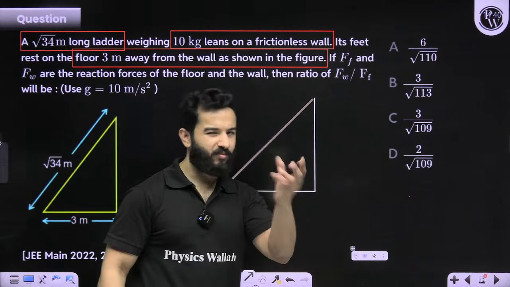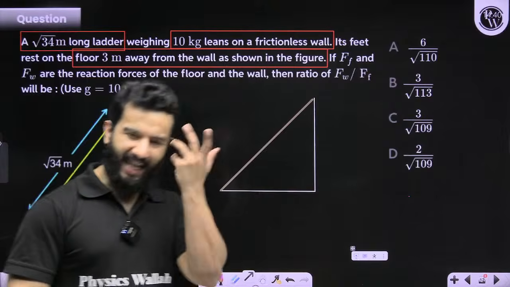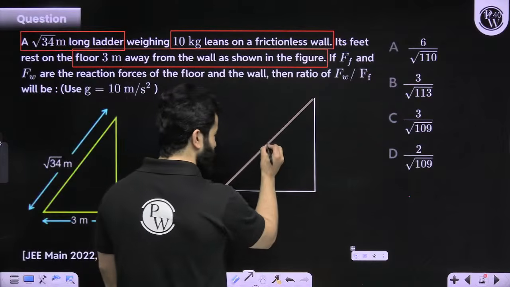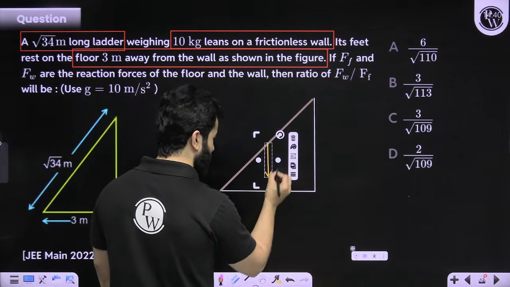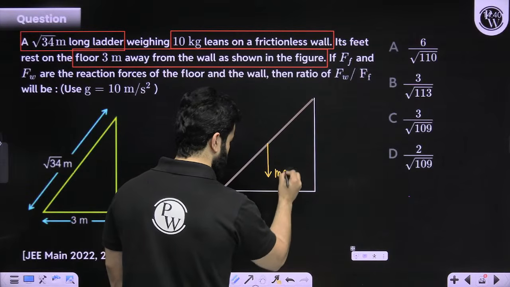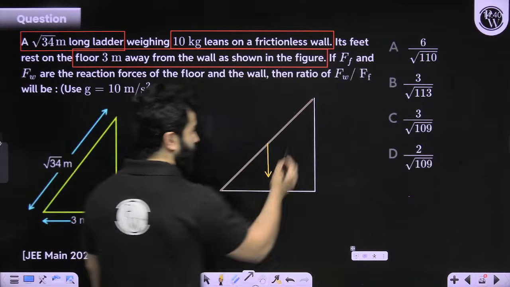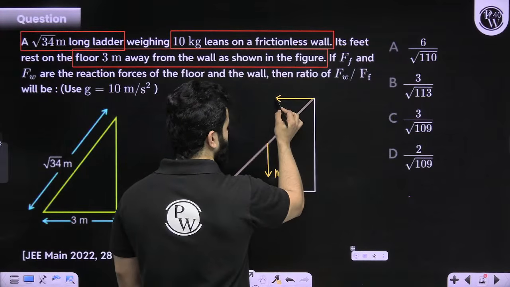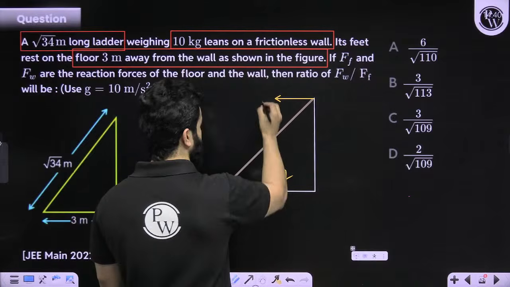Let's start with the usual suspects like mg. Okay, mg is acting downward. Done. The reaction by the wall will act in this direction.